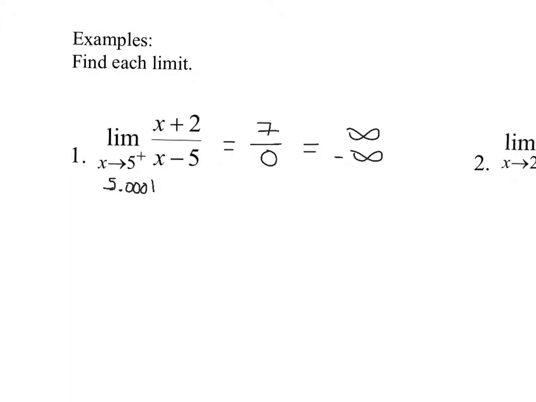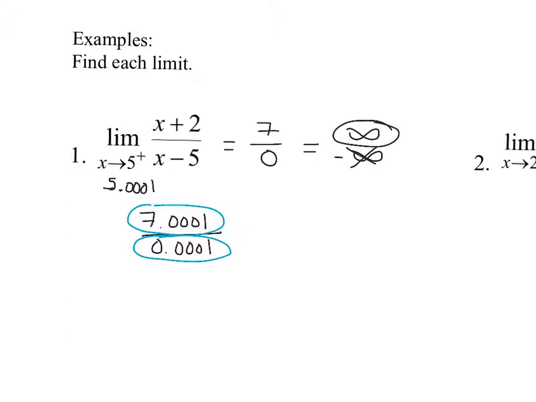So if I plug this number in, I'm going to get 7.0001 on top. 5.0001 minus 5 is going to be 0.0001. Now the only thing I really care about is if I take this number, 7.0001, and divide it by 0.0001, is it a positive or a negative number? Well, in this case, it is a positive number. So I know my limit has to be positive infinity.